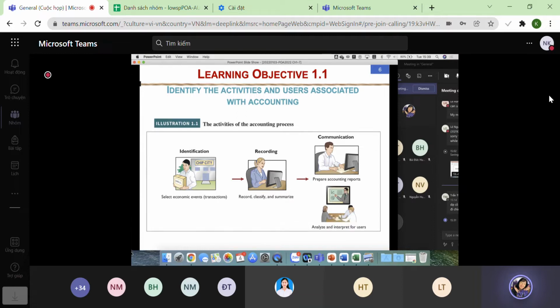When you use a manual accounting system, we use bookkeeping, sổ sách, hệ thống sổ sách. So bookkeeping is one part of the recording process, recording activities. A bookkeeping system is where we record business transactions. Okay, bookkeeping system.